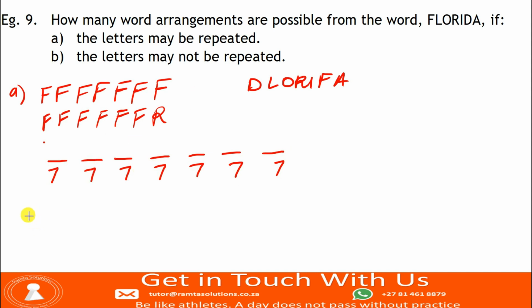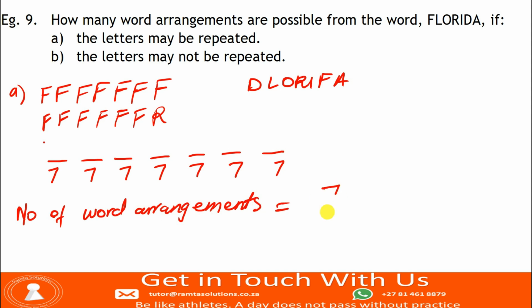So to answer your question, the number of word arrangements could be 7 to the 7. As you can see, Florida is made of 7 letters, so it can be 7 to the 7.